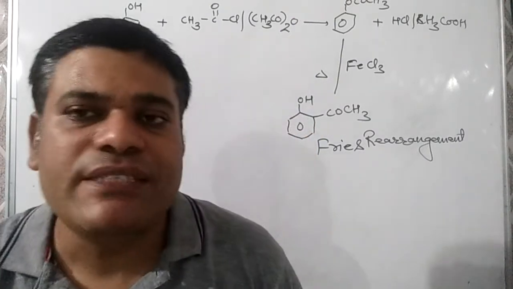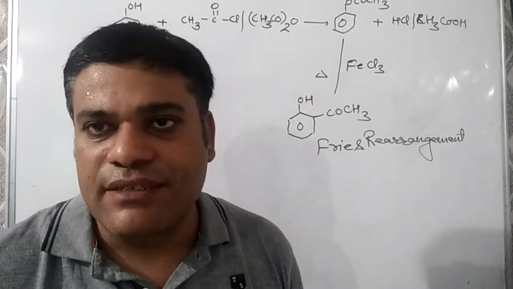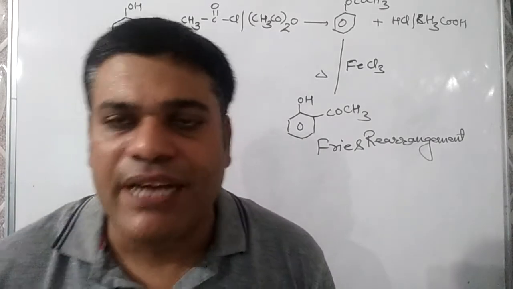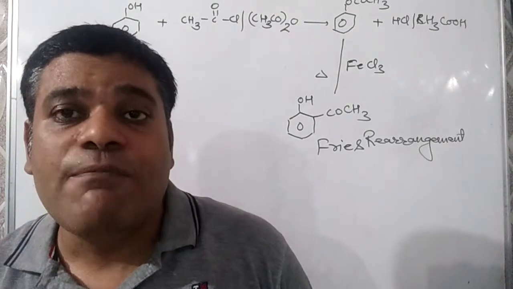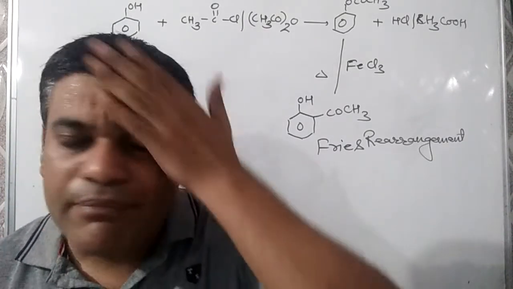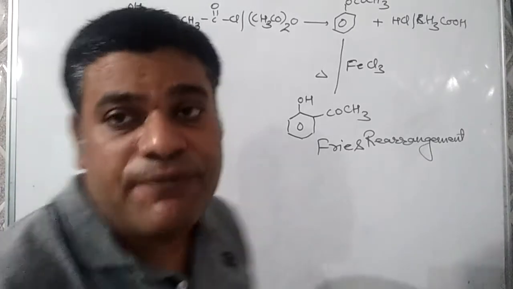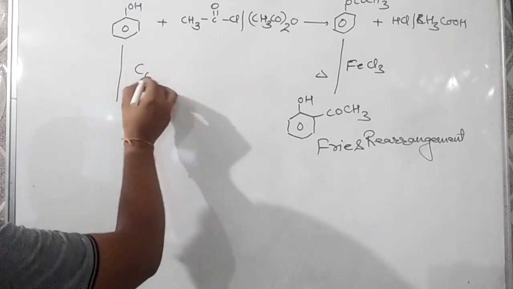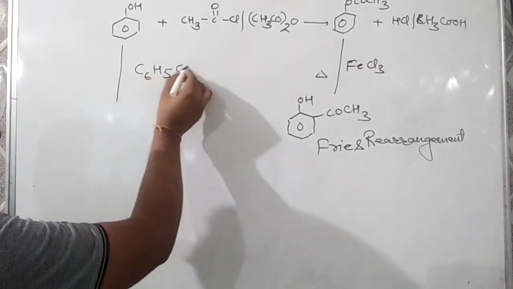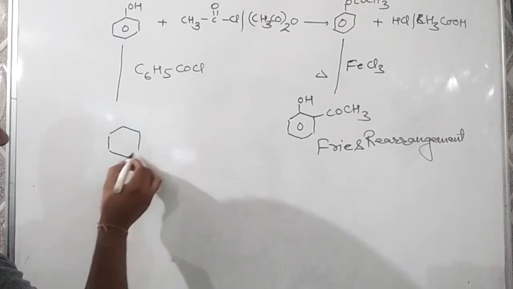Next will be the benzoylation reaction, also known as Schotten-Baumann reaction. That is a very important reaction, may be asked in your exams. Benzoylation means we react phenol with benzoyl chloride, and the product formed will be phenyl benzoate.